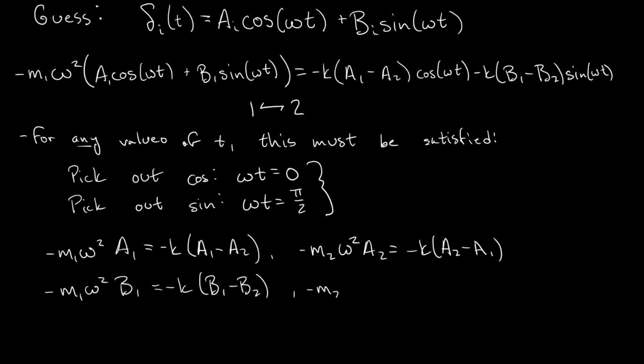And then same thing here, but with b: m2 omega squared b2 equals minus k (b2 minus b1).